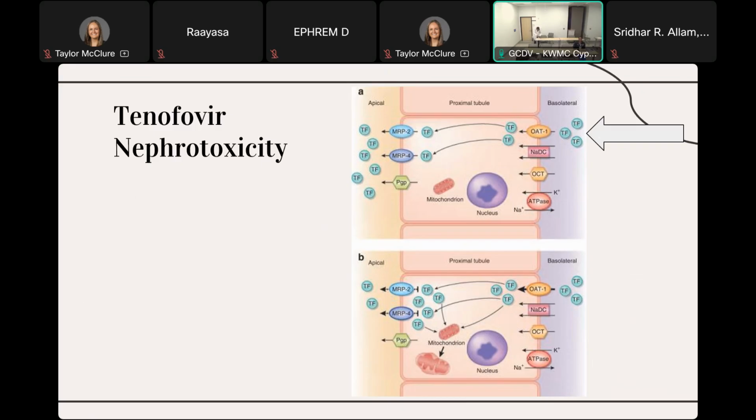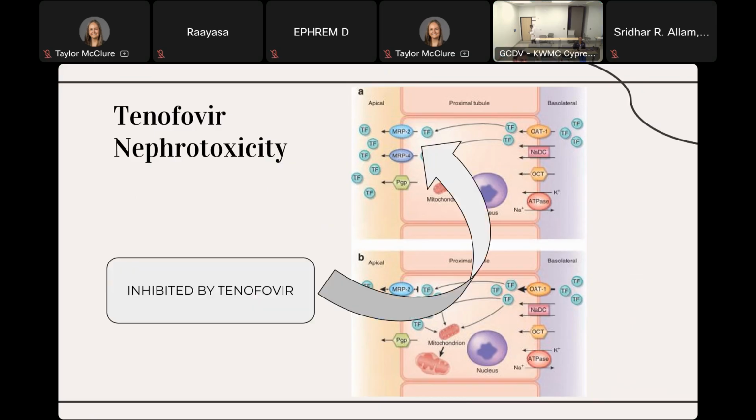Now, tenofovir itself inhibits these transporters. So MRP2 and MRP4 are inhibited by high levels of tenofovir, which means that over time tenofovir will be concentrated into the cell because of OAT1 and OAT3, but then it will inhibit MRP2 and 4, which will lead the tenofovir molecules to stay in the cytoplasm.